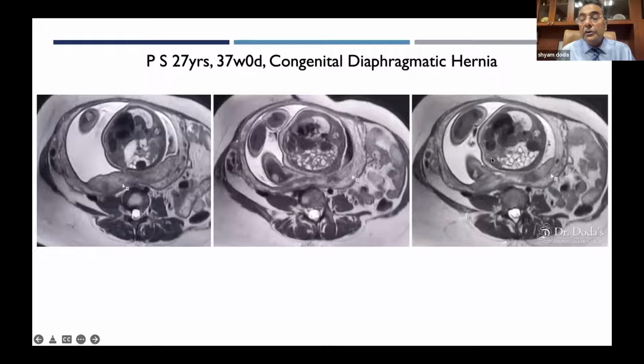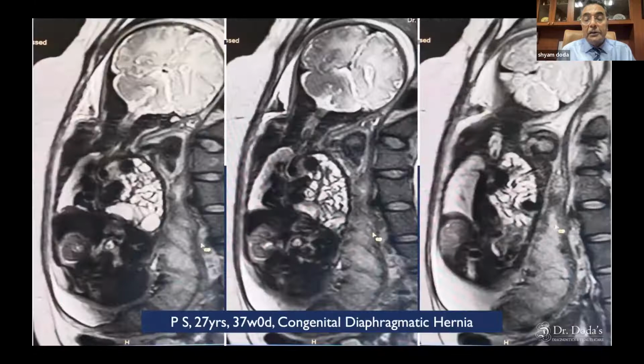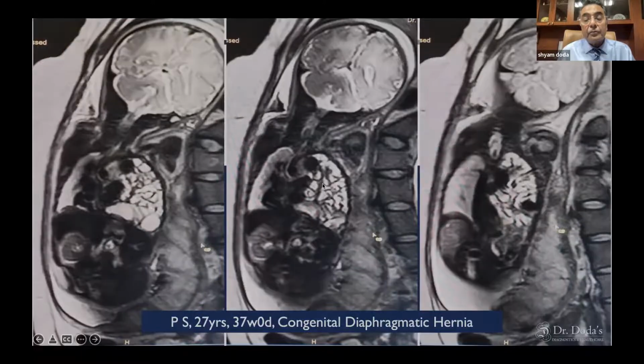But when you go to the longitudinal planes, that is sagittal or coronal planes, you find practically the entire chest is occupied by the bowel loops. So there is absolutely no doubt, you don't see the shadow of the diaphragm anywhere. So this is definitely diaphragmatic hernia.